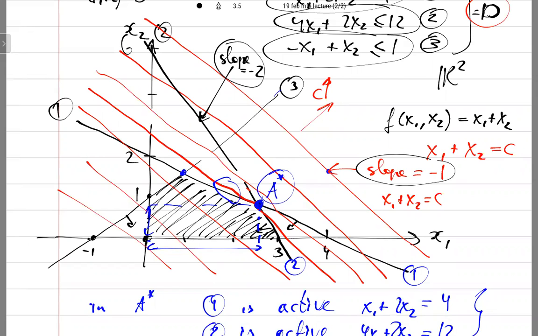But if it's not clear on your plot that the slope of the red line is smaller, you cannot compare, or the comparison of the two slopes is wrong. So it's very important that the slope of the red line is -1 and it's less by absolute value than the slope of the black line, number 2.